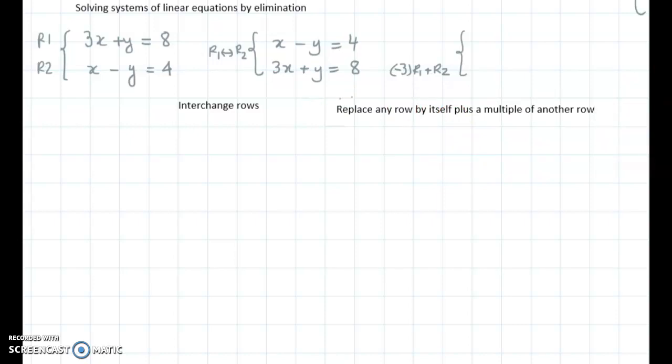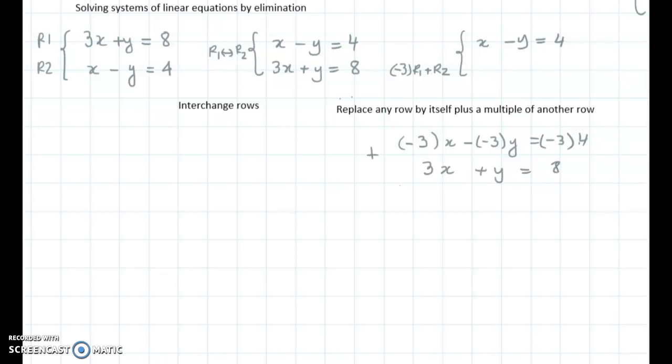So what do we get in this case? The first one stays the same, x minus y is equal to 4. And then I will write it over here. You don't need to do it always, but I'm going to have negative 3 multiplied by x, and then minus negative 3 multiplied by y, and then negative 3 multiplied by 4. And this is the first row multiplied by negative 3. And I need to sum that to the second row, so 3x plus y is equal to 8.